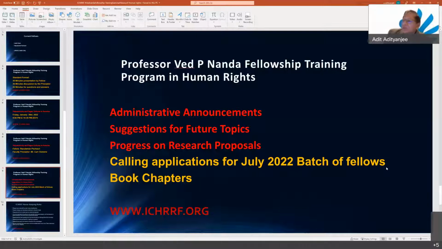Part of this fellowship training is also raising the scholarly, academic, and research profile of our fellows. So I have devised a very nice way that both the current fellows will have the benefit of chapter authorship in a book. Professor Pathak and I are editing a book on human rights and religious freedom.